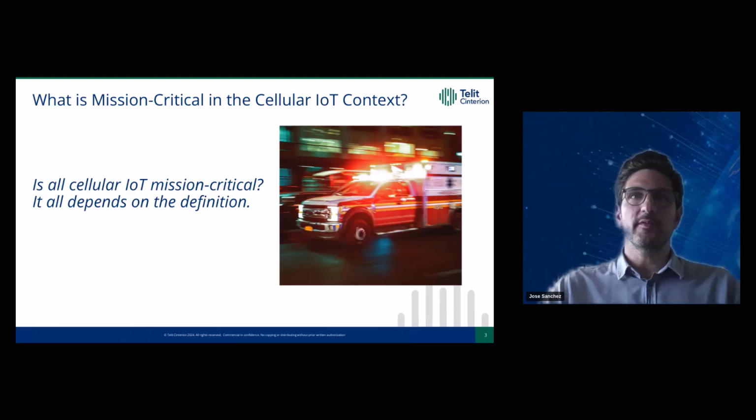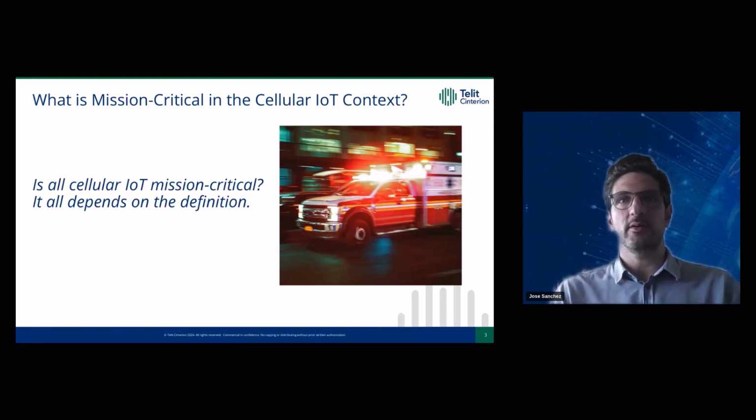In the context of IoT, mission critical doesn't have a very concrete or specific definition. It really depends on your perspective of the business.